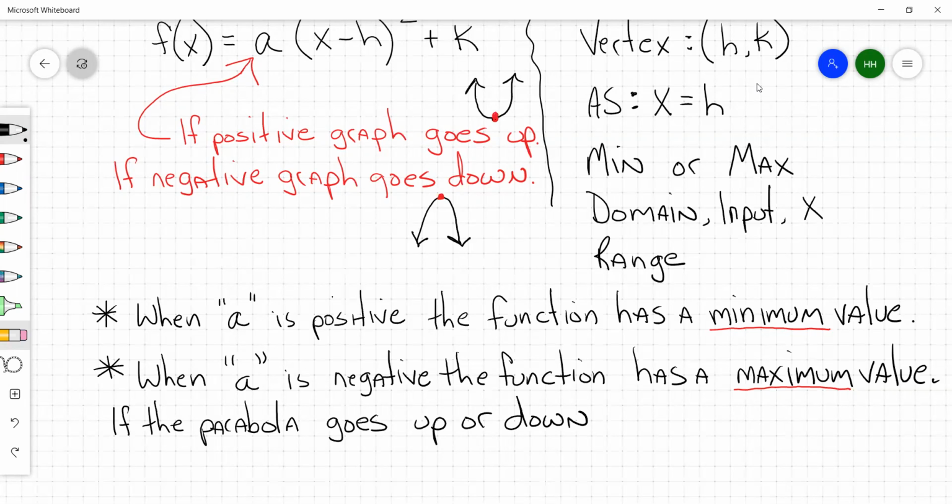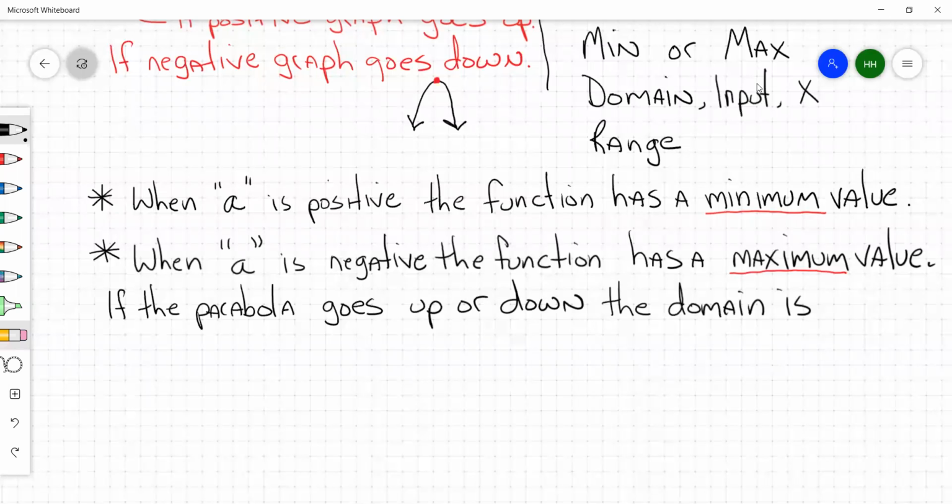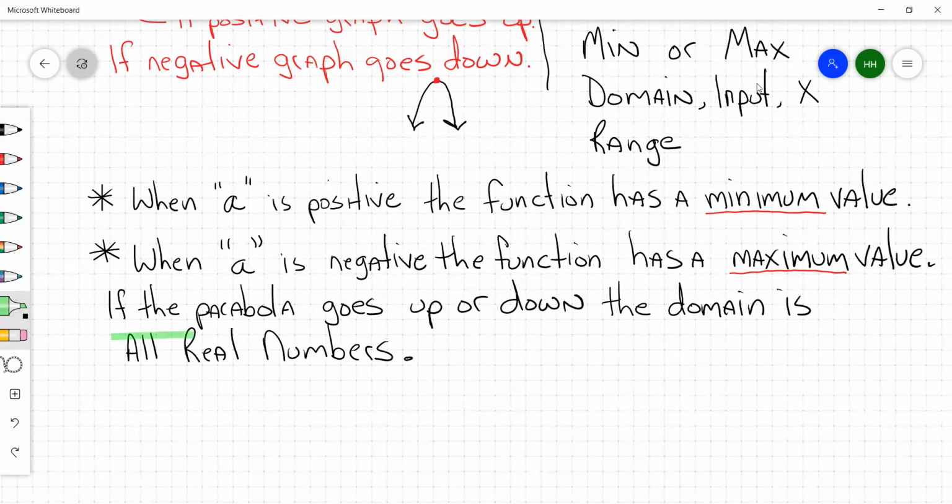If the parabola goes up or down, the domain is all real numbers. That means you can put in all real numbers for x. Your input can be any and all real numbers.